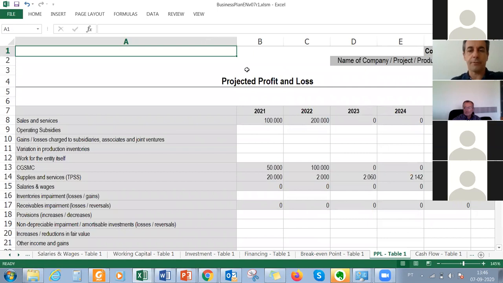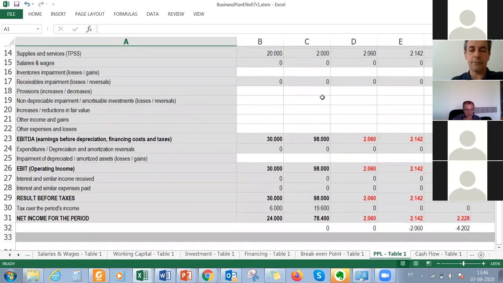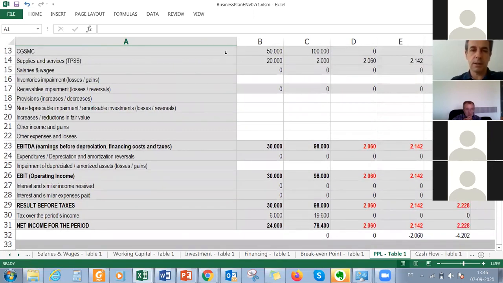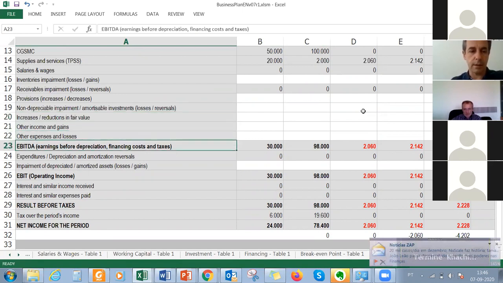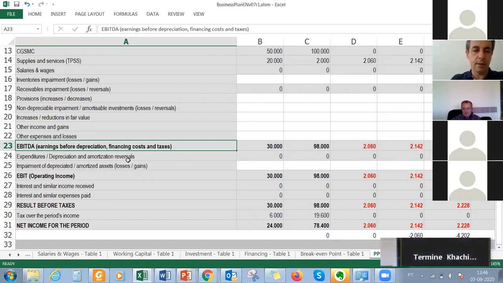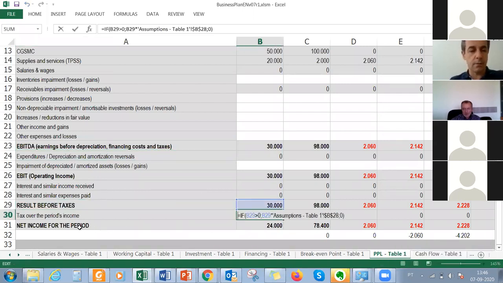So look, a profit and loss statement. This is the kind of document that you will see in any financial documentation from a company at the end of the year. What is the EBITDA? Earnings before depreciation, financial costs and taxes, or the result before taxes, or the result in the period.